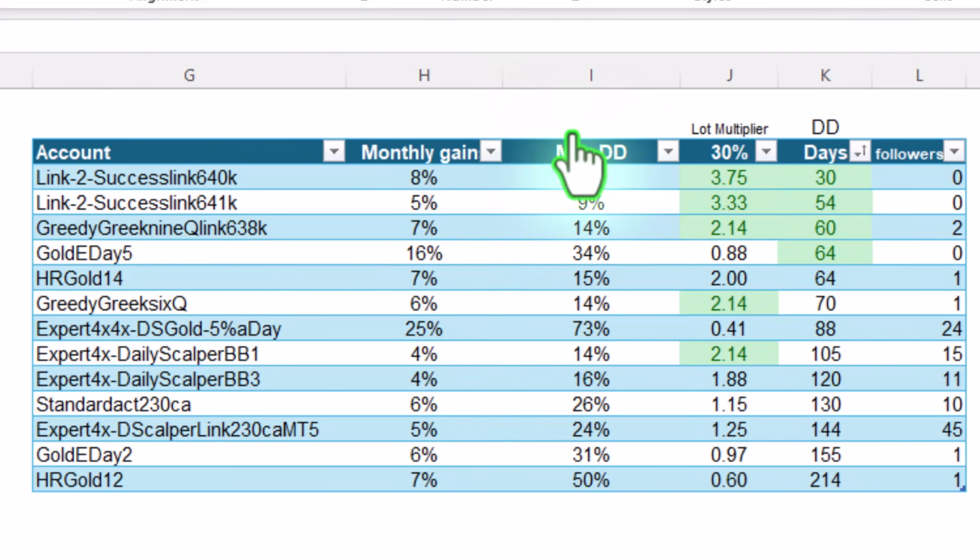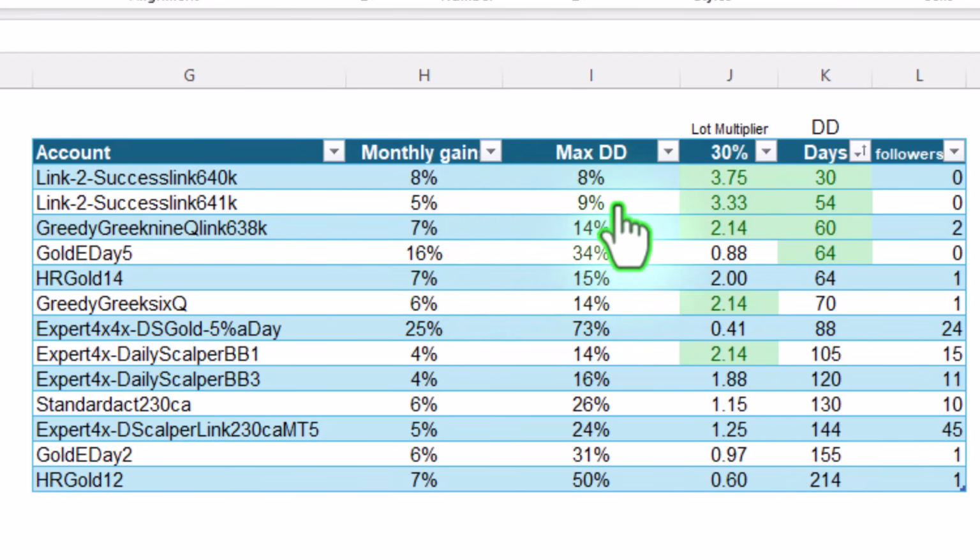So what I then did was ask, how many days are represented in the maximum drawdown percentage? In other words, if the account is making 8% a month, that's 30 days, and the drawdown is 8%, therefore the drawdown would be 30 days. Now let's look at the next one. This one is making 5% a month.